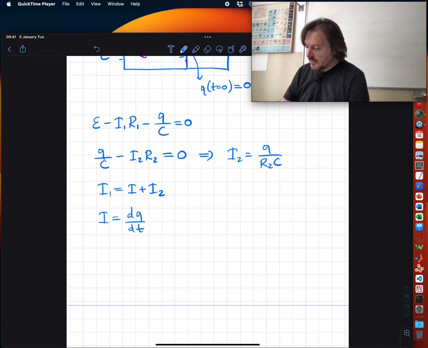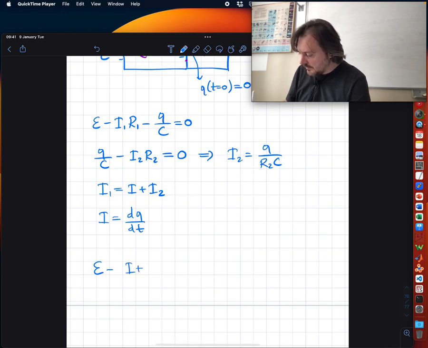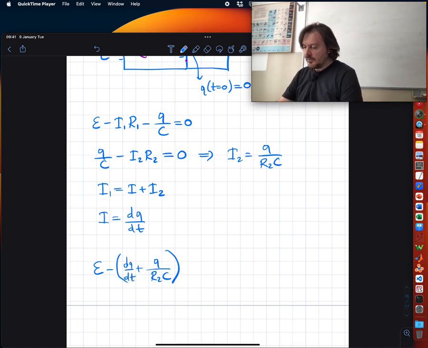So I will write down the first equation again, but I will make sure that I'm writing only the Q terms. So I have E, let me get it step by step, okay? E minus I plus Q over R2C. Actually, let me do one more step here. dq over dt. Do you see what happened?